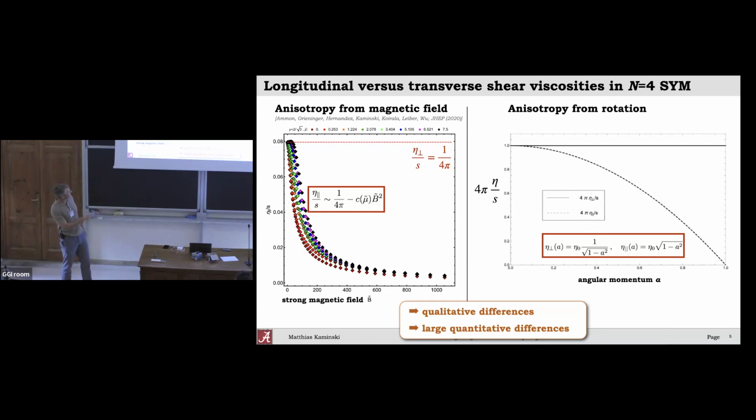So it satisfies the bound that Pavel and friends found for holographic theories, Einstein theories. And there's this suppression here in the longitudinal shear viscosity divided by entropy density, because the Lorentz factor of the eta parallel conspires with the Lorentz factor showing up in S, such that you have this suppression here.